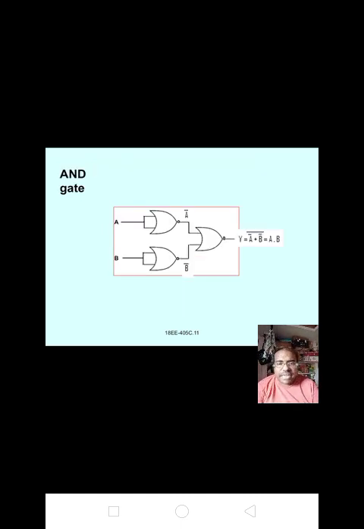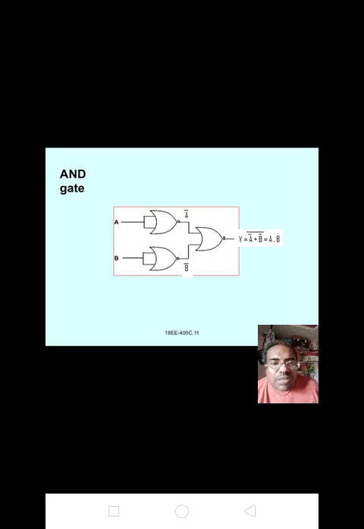Last one is AND gate. For realization of AND gate we are taking three NOR gates. The first two NOR gates have only a single input, and the third NOR gate has two inputs. The first NOR gate has input A, and we get the output Y equal to A bar. For the second NOR gate we give input B, and we get the output Y equal to B bar.